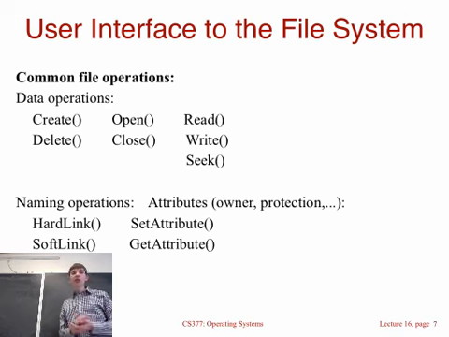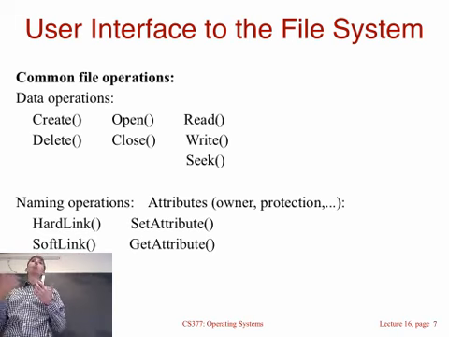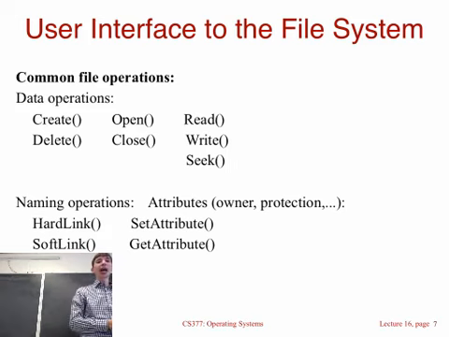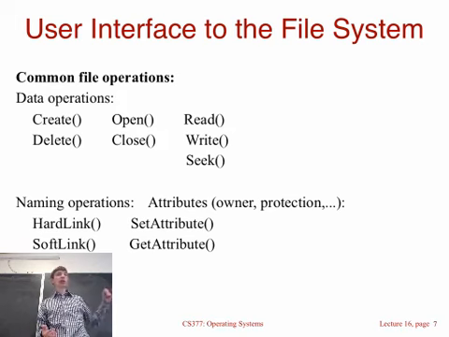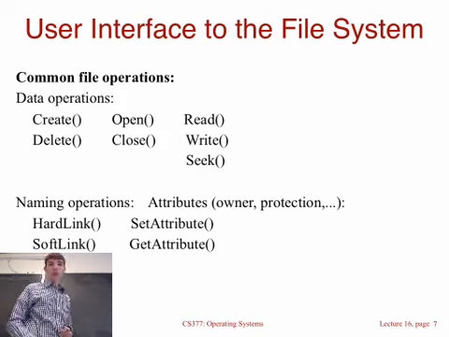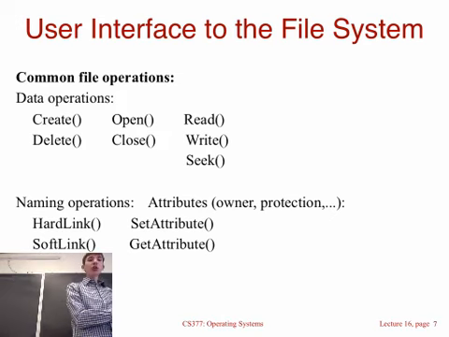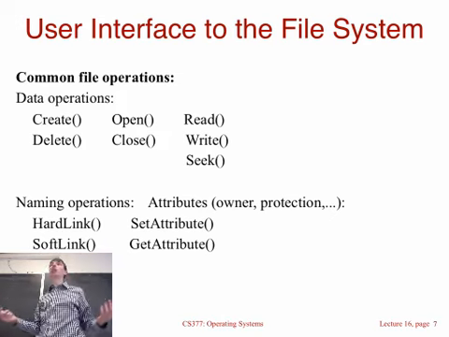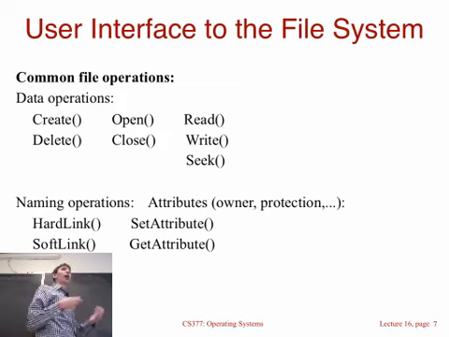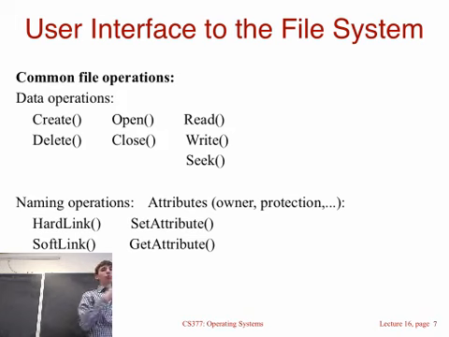And then there are lots of different operations on the actual metadata of a file, things like updating who owns a file, who's allowed to access it, and things like hard links and soft links, which we'll talk a little more about in a minute. All of these are provided as system calls, and those are what your programs are actually calling in order to work with files.